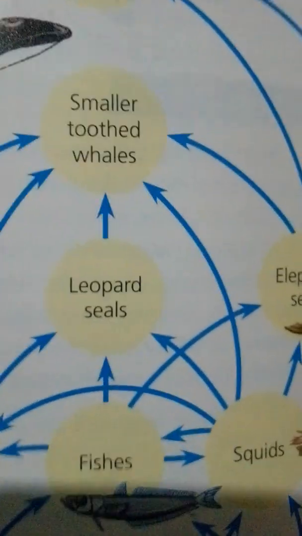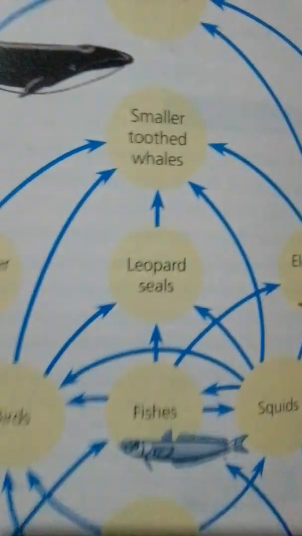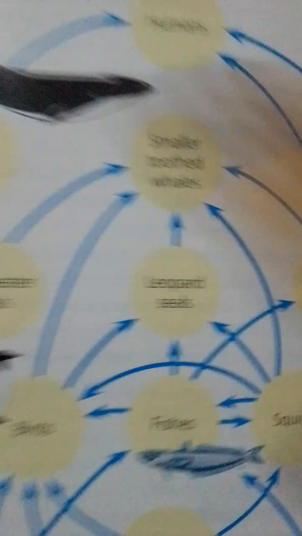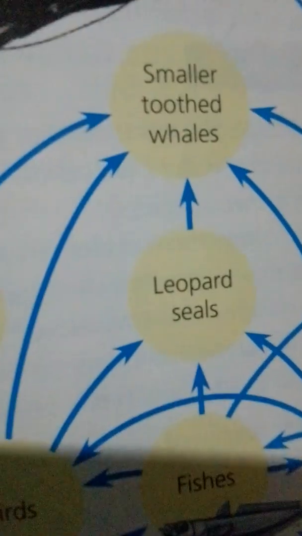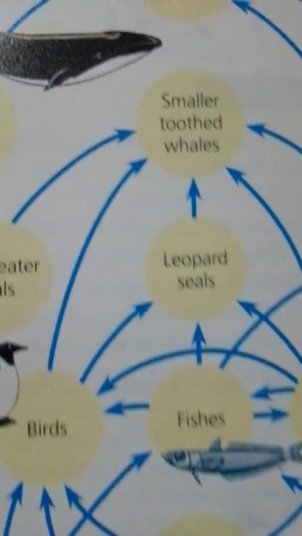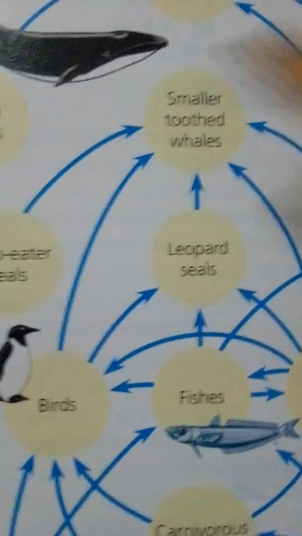For example, this is a simplified food web for an Antarctic pelagic community. The primary producers in the community are phytoplankton, which serve as food for the dominant grazing zooplankton, especially euphausiids, krill, and copepods, both of which are crustaceans.